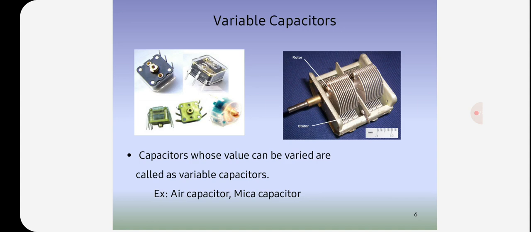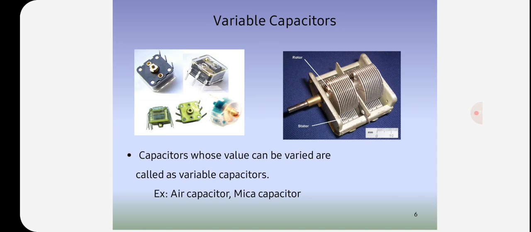Each set is mounted on a common shaft. One set is fixed and the other is movable. The capacitance of the capacitor can be varied by rotating the movable plate shaft. The fixed and variable capacitors are shown here.